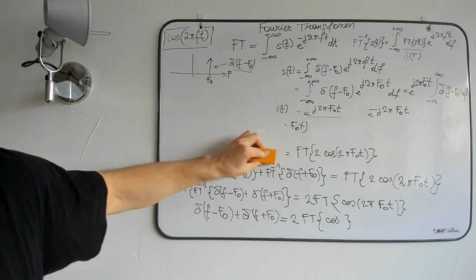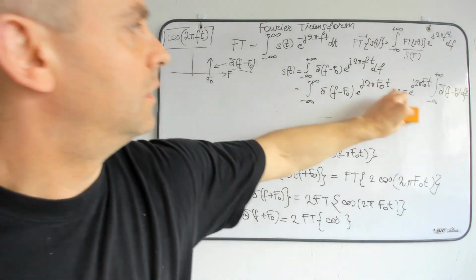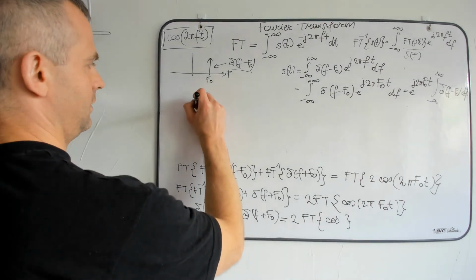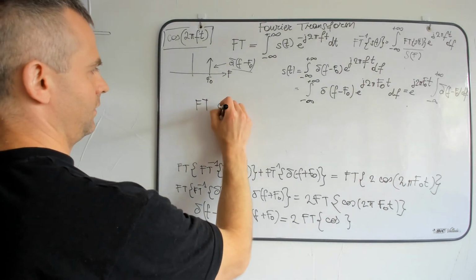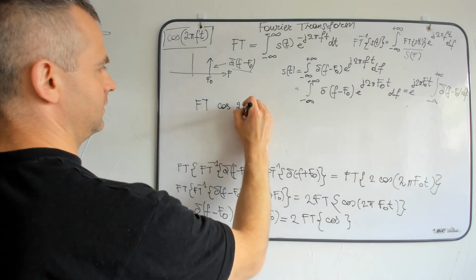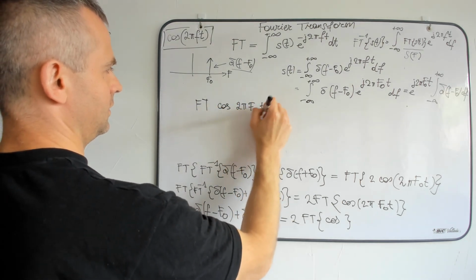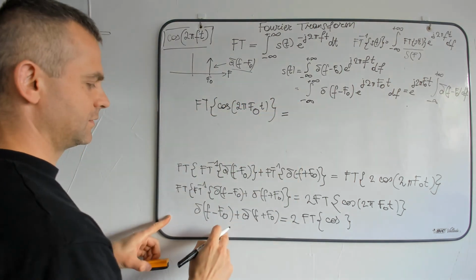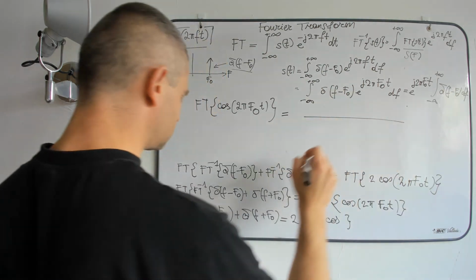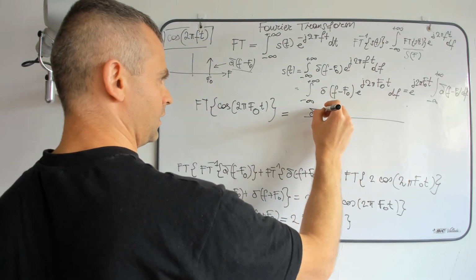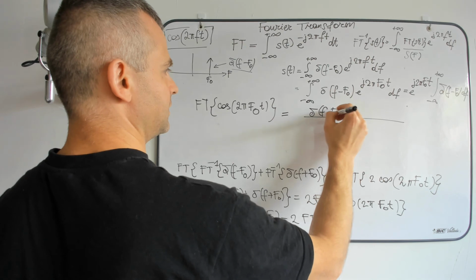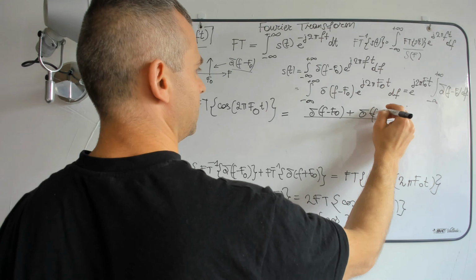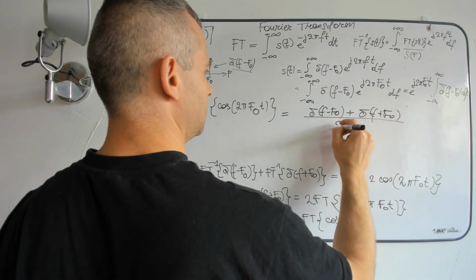So that's the final value of the Fourier transform of cosine. The Fourier transform of cosine is equal to the delta function delayed by minus f0 plus the delta function delayed by plus f0, divided by 2.